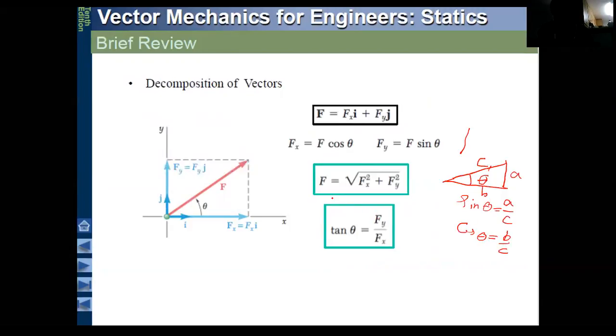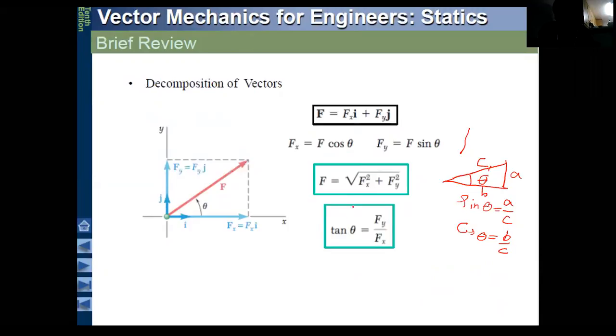So, in the following example, we're going to use these two relationships to derive sine of theta and cosine of theta, and subsequently the two components of our vectors in the x and y direction.